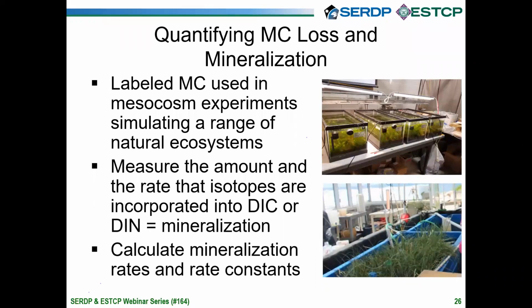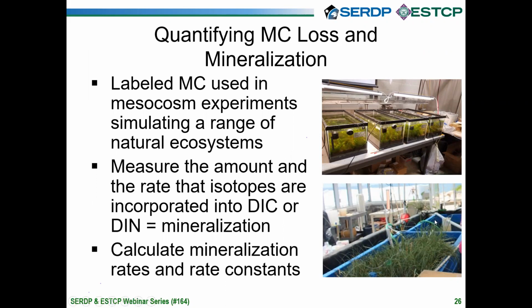So we have these labeled compounds, and we use them in a series of experiments that are designed to simulate natural habitats. We do this across a range of habitats. So we might have experiments that are running just sand, sediment, or silt, or one aquaria with aquatic plants in it, like we have here.